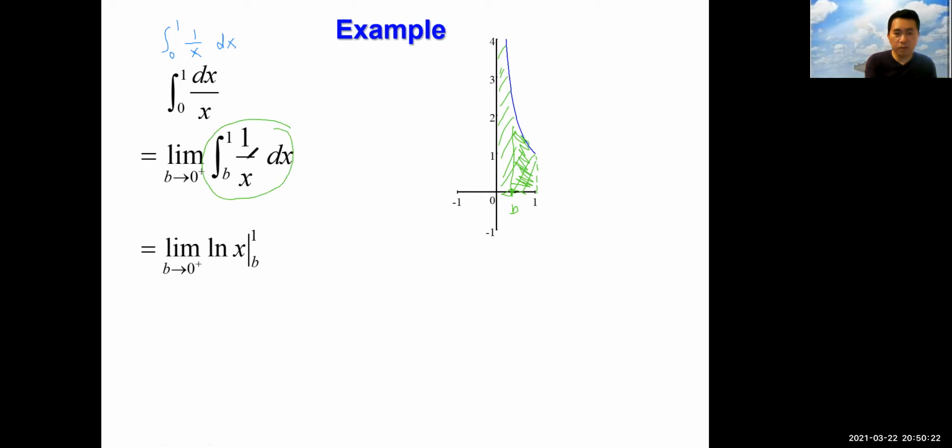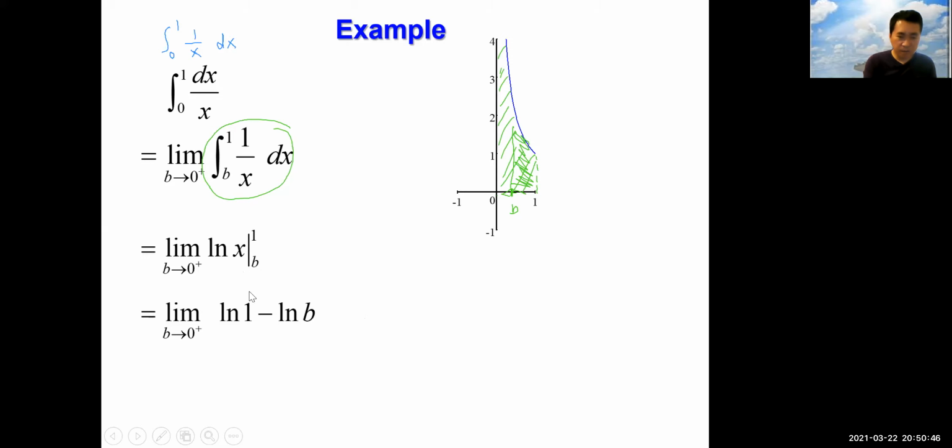Now we can do it. The antiderivative of 1 over x is natural log of x, so that becomes natural log of x from b to 1. Plug 1 in, plug b in. We have natural log of 1 minus natural log of b.